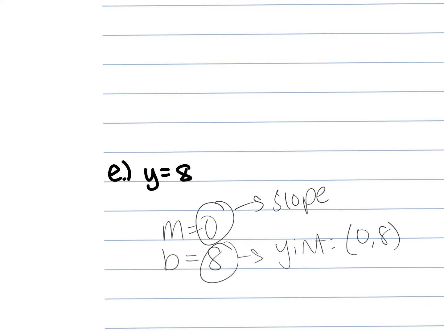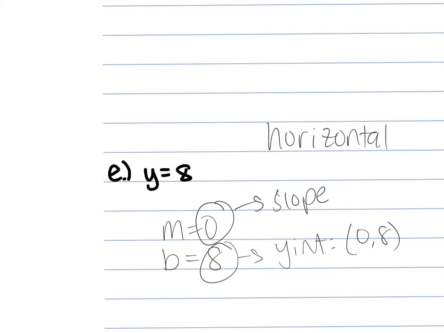Now, let's get really, really good at this. If my slope is 0, what kind of line is this? David? A what? No. Karen? Horizontal. Very good. Horizontal. Okay?